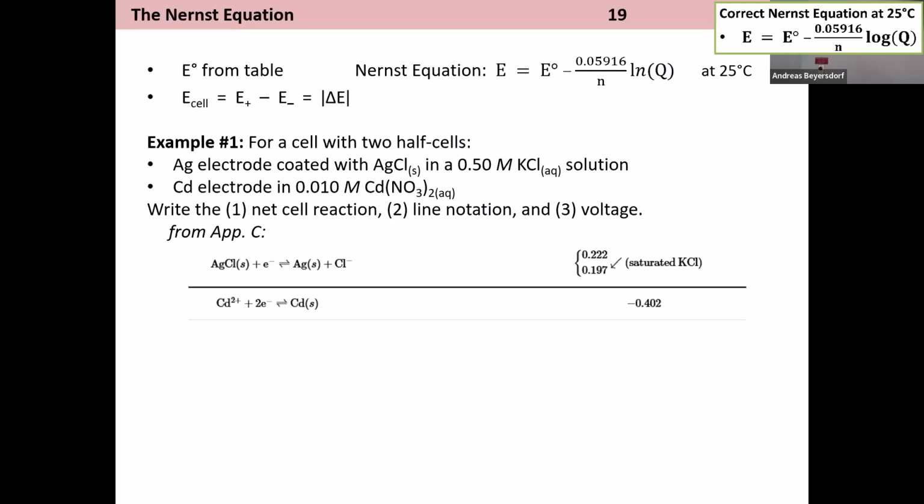So that's going to be E naught minus 0.05916 over n times ln of Q. That's negative 0.402 volts minus 0.05916 over 2 times ln of Q.